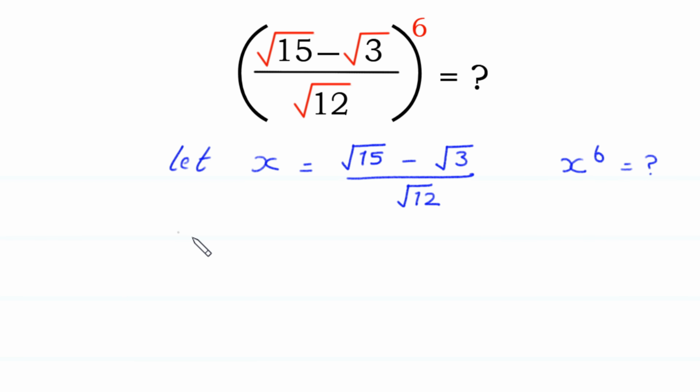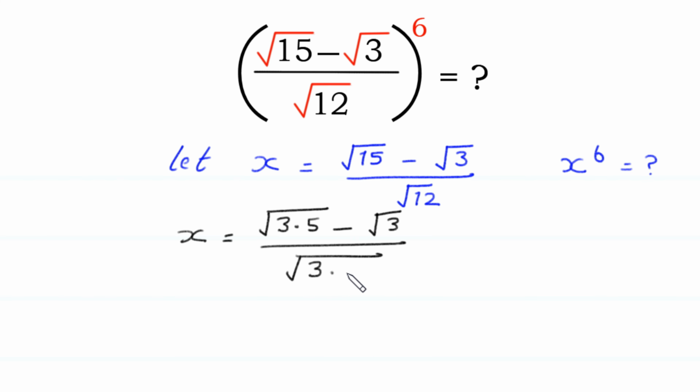Now x is equal to, we can write this square root of 15 as square root of 3 times 5, minus square root of 3, divided by, and we can write this square root of 12 as square root of 3 times 4.